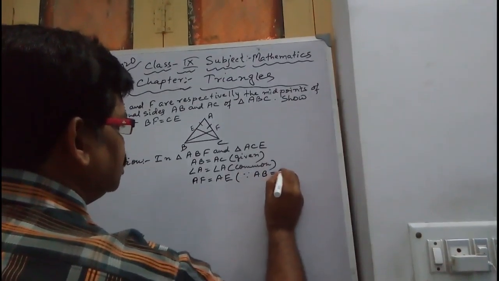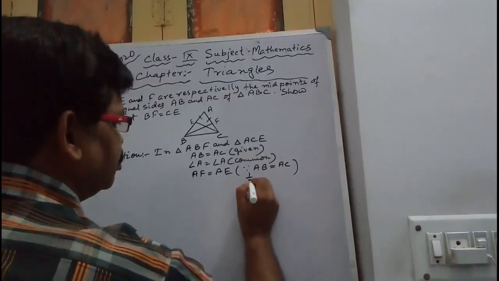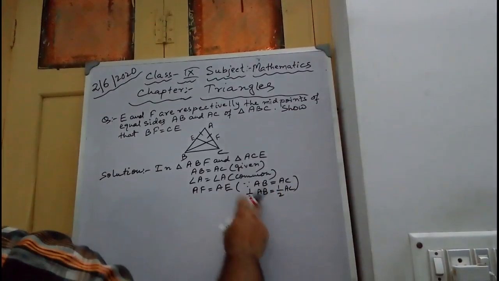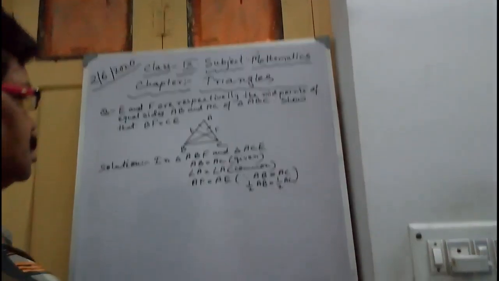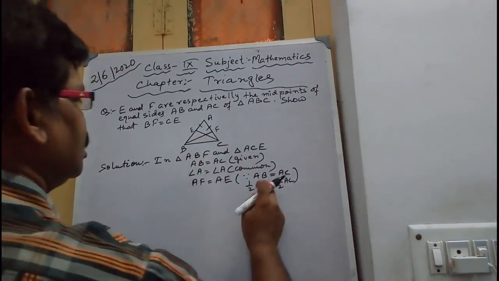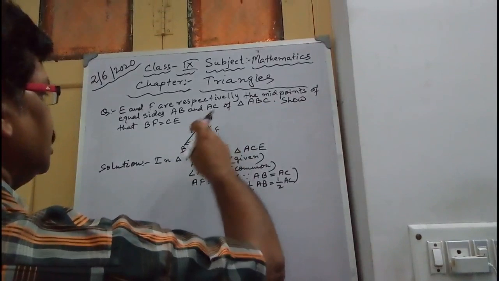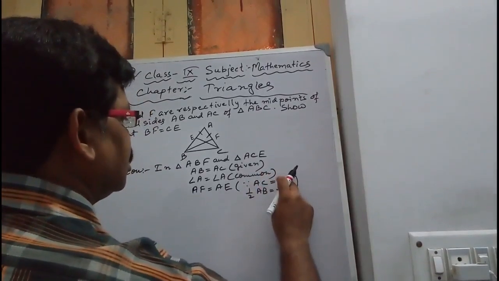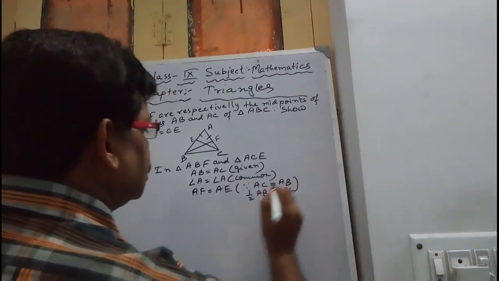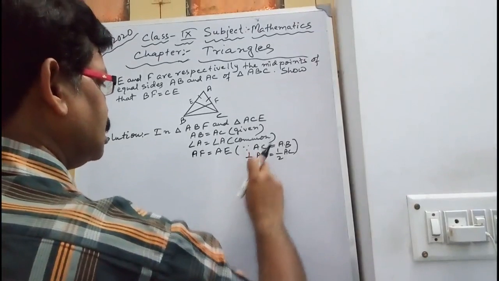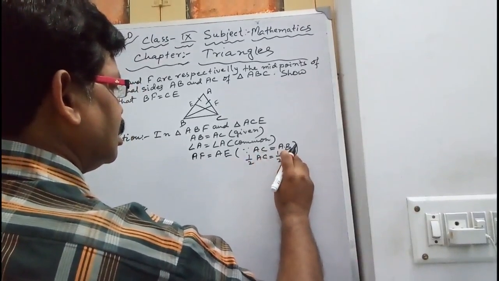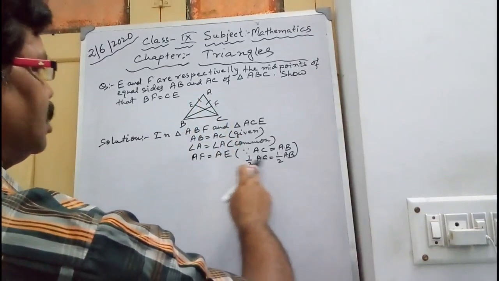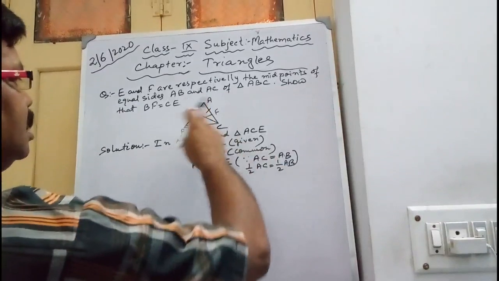AB equal to AC, that is given. So 1 by 2 AB equal to 1 by 2 AC. Half of AB is AE, half of AC is AF.